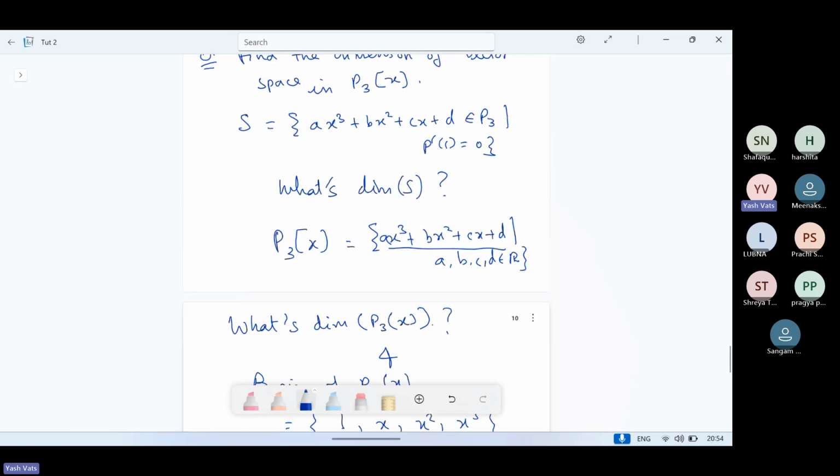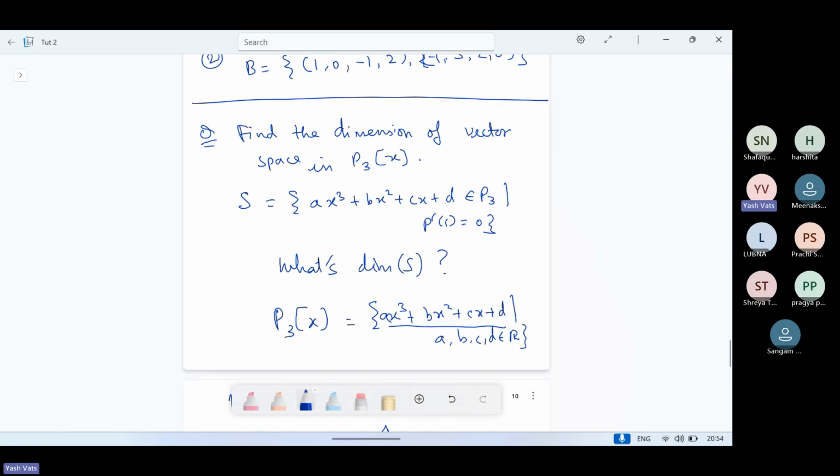But what is the dimension of S then? There is one more condition over this. So what's the dimension? Think and tell. 3. Yes, 3. Why is that?